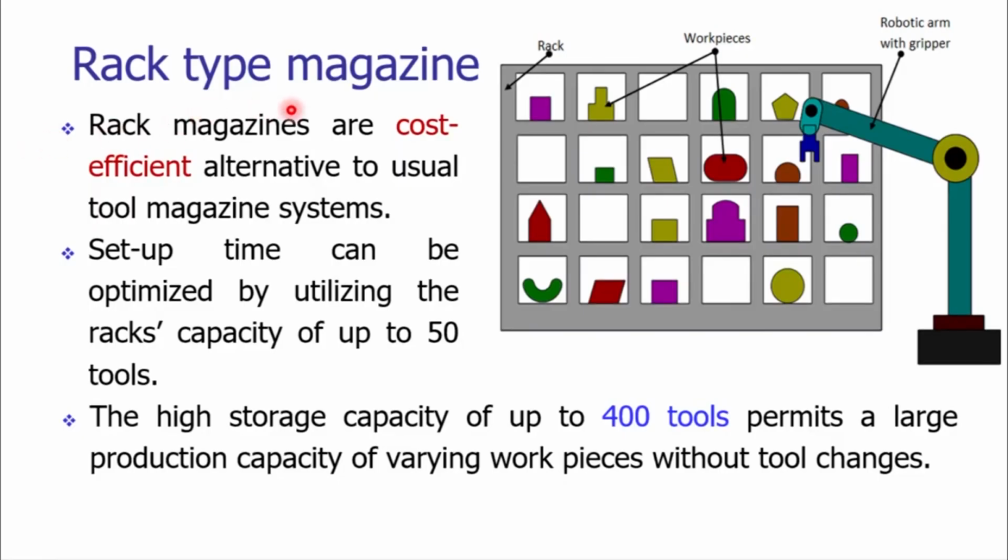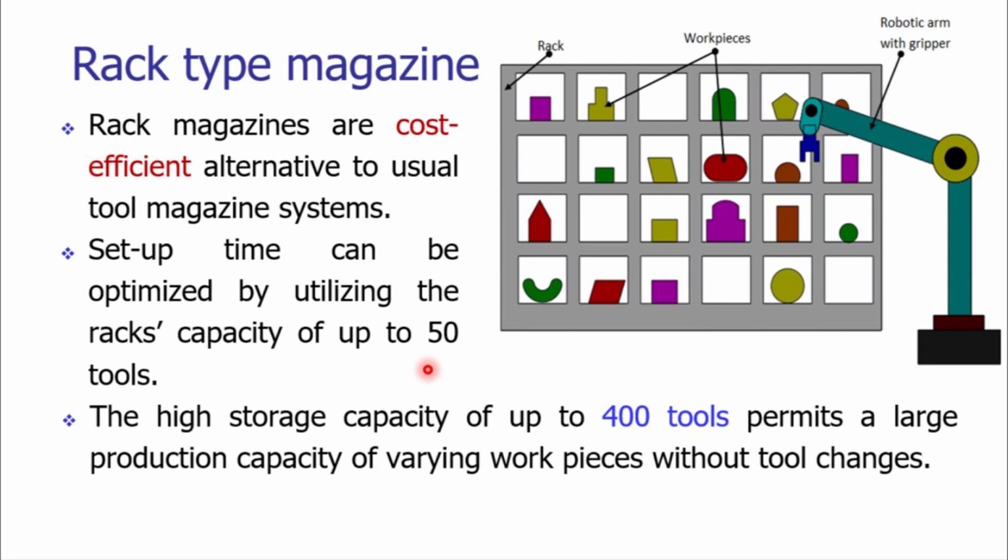The next type of magazine is the rack type of magazine. This is cost efficient because we can hold more than 300, maybe around 400 tools, in the rack type of magazine.